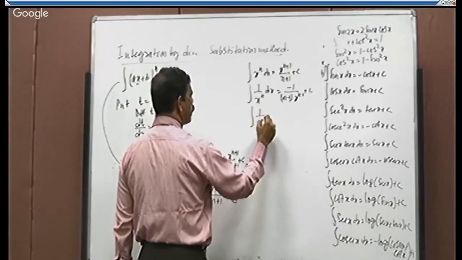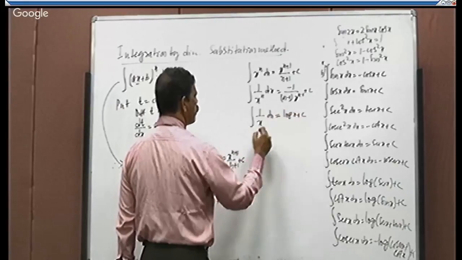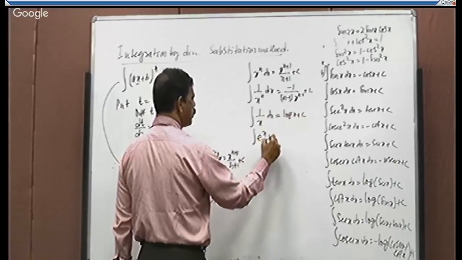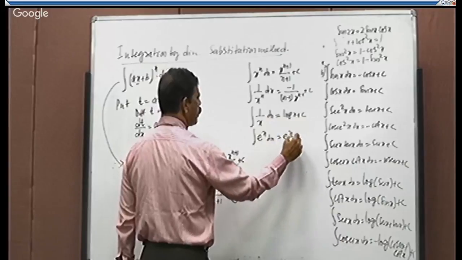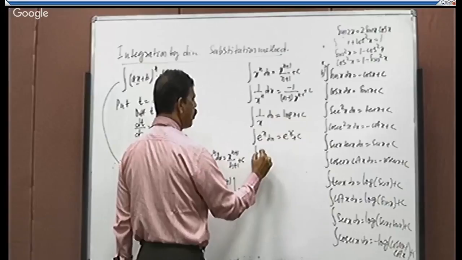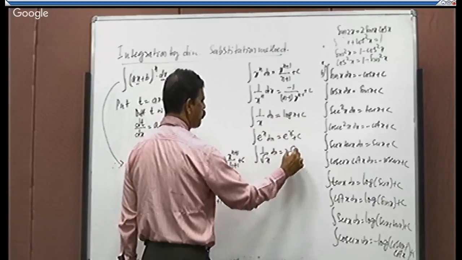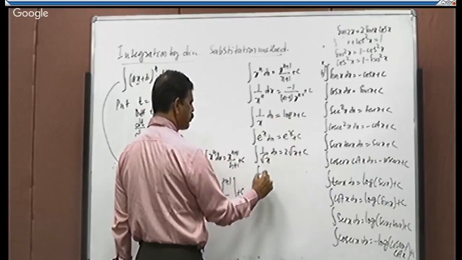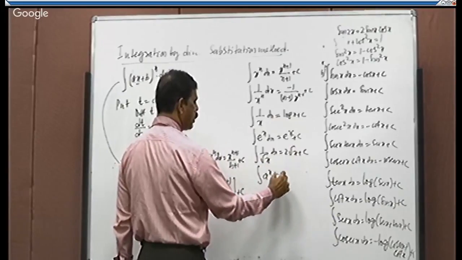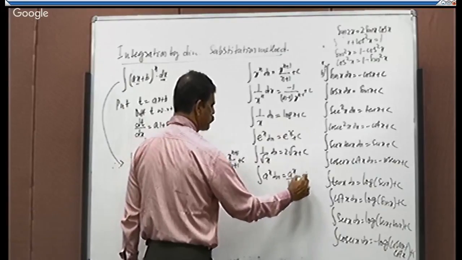What is the integration of 1 by x? It is log x, correct? Plus c. What is the integration of e power x? It is e power x only. E power x plus c. What is the integration of 1 by root x? It is 2 root x plus c. What is the integration of a power x? It is a power x by log a, correct?